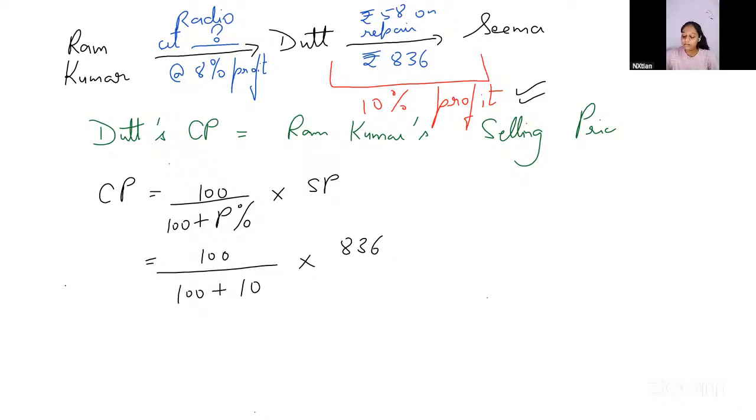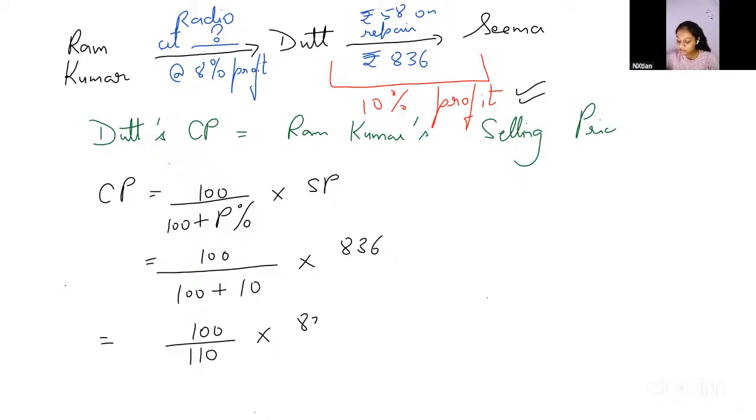Now, multiply, first add, it will become how much? Ma'am, what about the overhead costs, like the repair work that he did? I'll tell you what to do with it. We will do the repair work right now after calculating this.